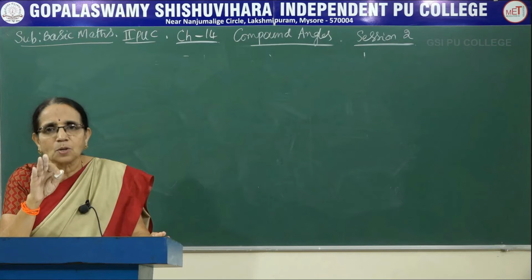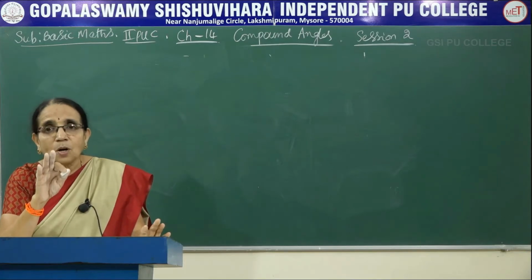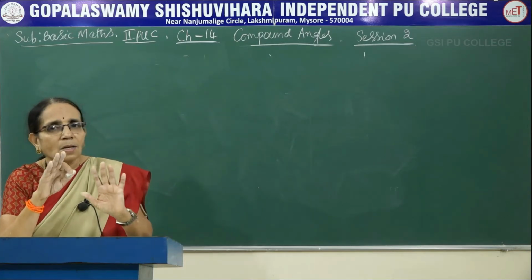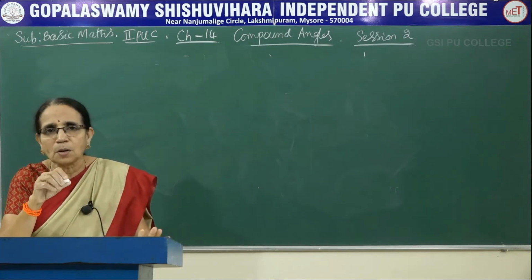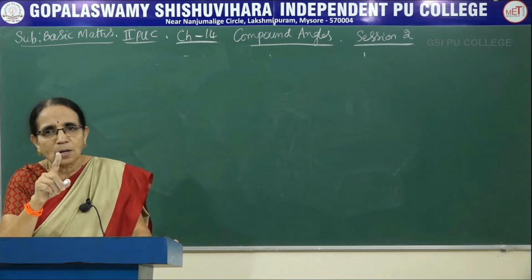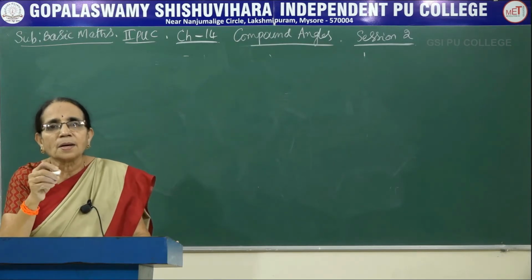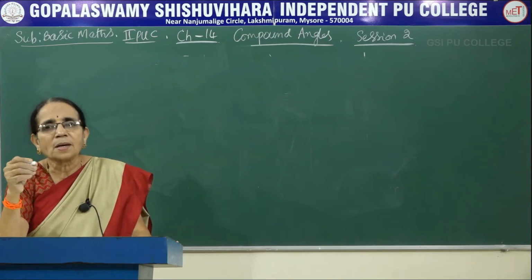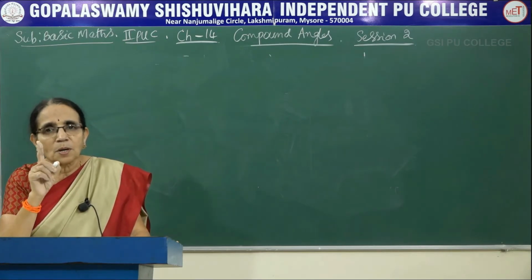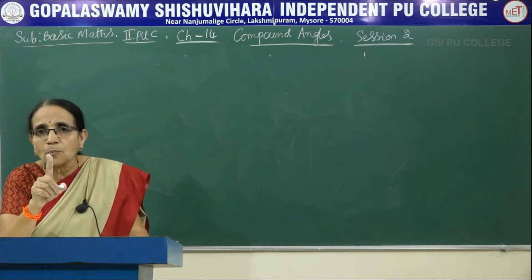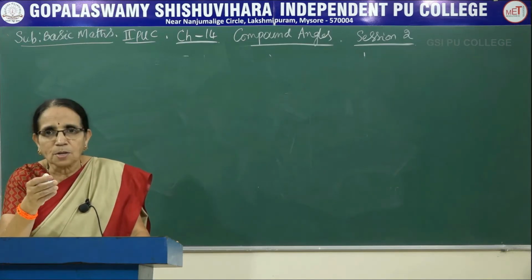Suppose A and B are given to be acute angles, then you can remember that whenever the angle is acute, all the trigonometric ratios are positive. That means the angle lies in the first quadrant. Suppose A is lying in the second quadrant and B is lying in the third quadrant. Depending upon the ratios we are considering, you have to be careful to write the appropriate sign, maybe positive or negative.